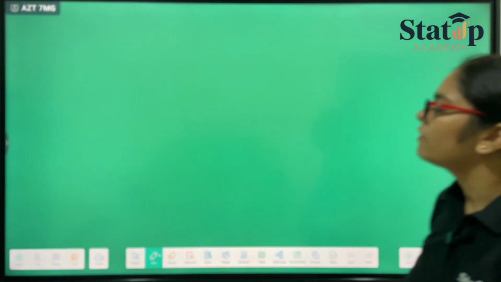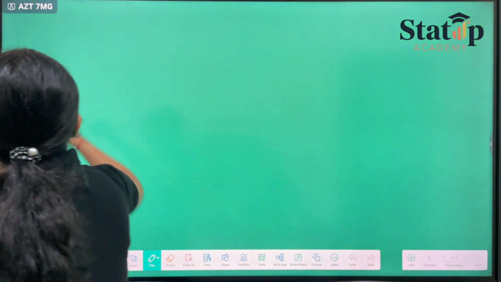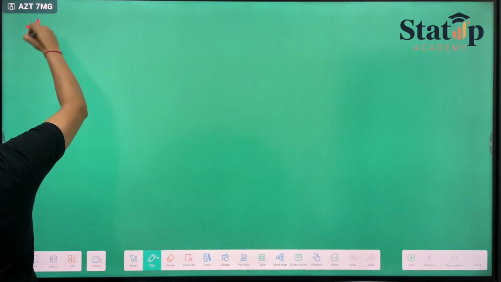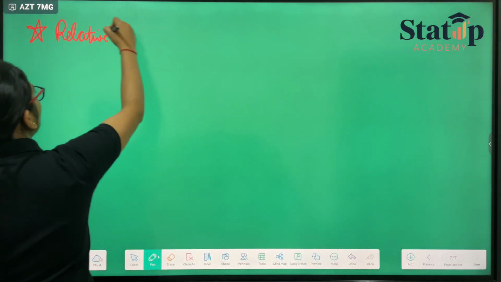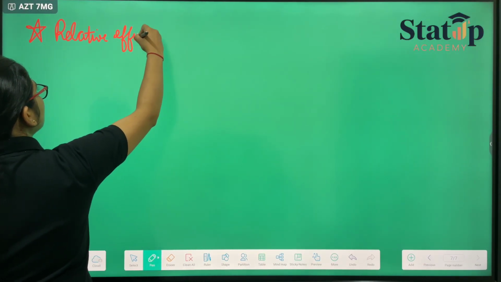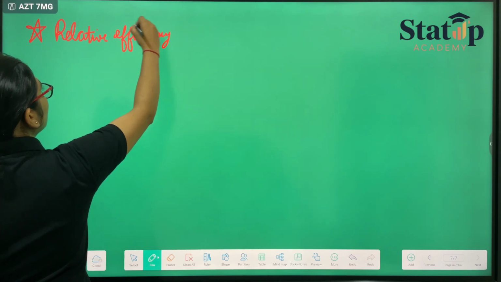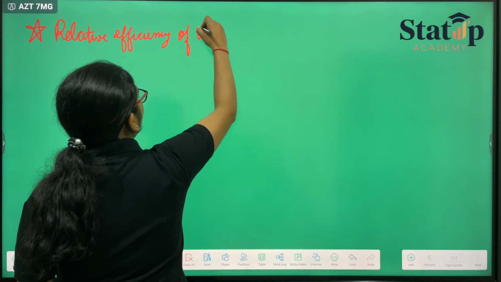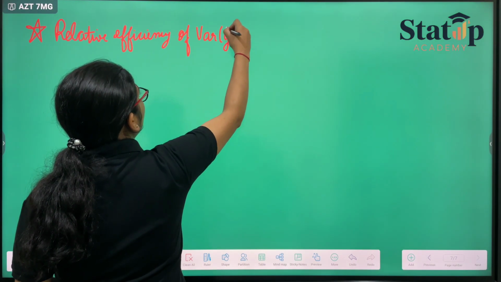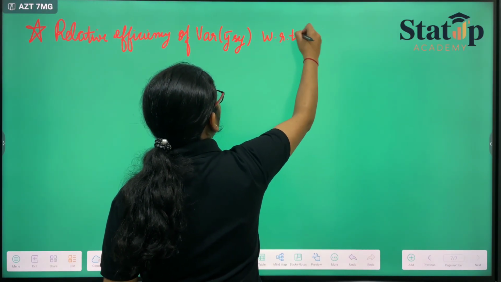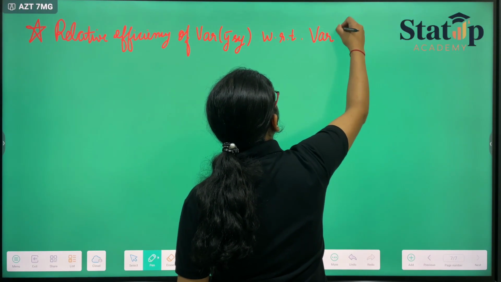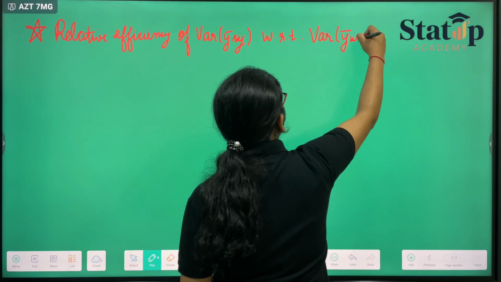Now we will check the relative efficiency of variance of systematic with respect to variance of Y bar without replacement.